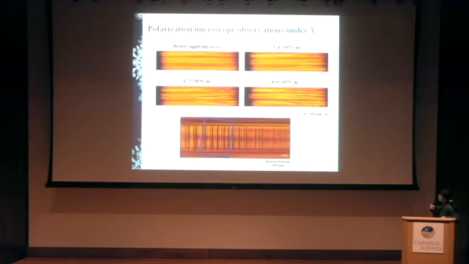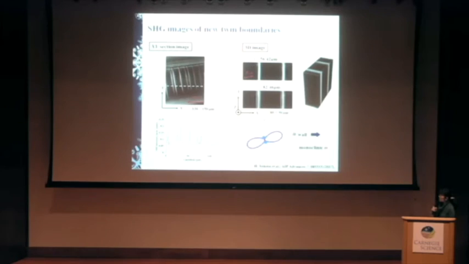When we increase the magnitude of the stress, new domain boundaries start to appear from the edge of the specimen. And when we further increase the stress, these domain boundaries start to propagate into the middle of the specimen. We selected this area and carried out a second harmonic generation microscope observation.